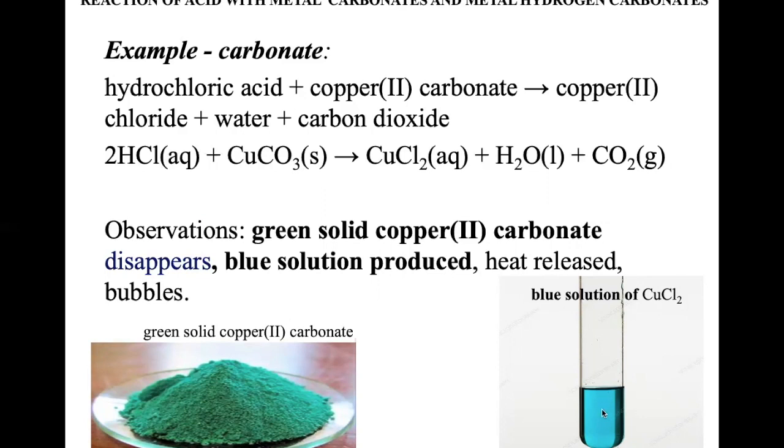You can see the solution that was colorless, and when the green solid is put in it, the solution becomes bluish in color. So the observation you have to write: the green colored solid copper carbonate will disappear, and we get a blue colored solution. Along with that, a large amount of heat is released and bubbles of carbon dioxide are formed.